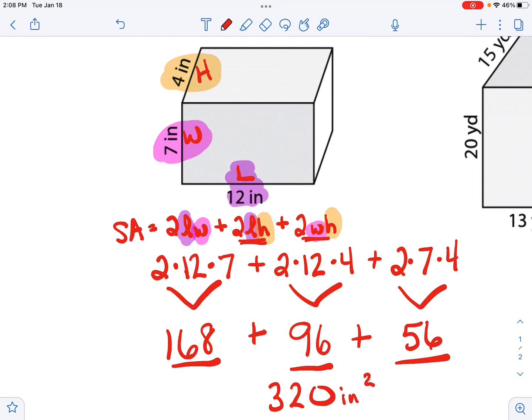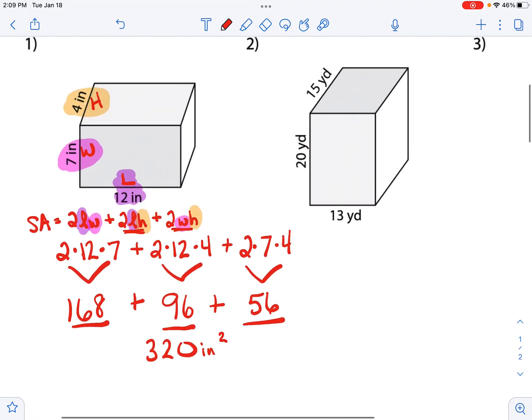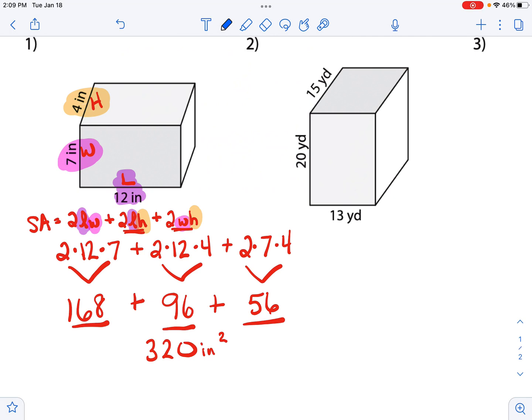Now, I would have gotten the same exact answer if I called 4 the width, 7 the length, and 12 the height, but made sure I replaced each of the letters with the number I chose to associate it with. So let me give you an example on this next one. Maybe on number 2, I'm going to use 15.